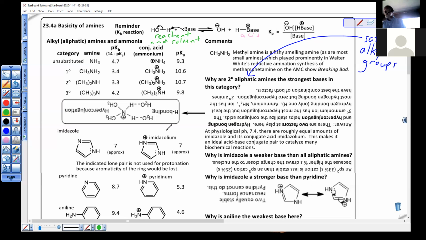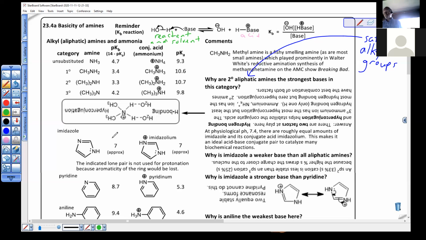Okay, now we get into other amines and the ones that are heterocycles. Question number 1, is this a better base with a pKb of 7 than these? And the answer is no, it's a lot worse. Well, remember, this is a powers of 10 scale with a P in front.